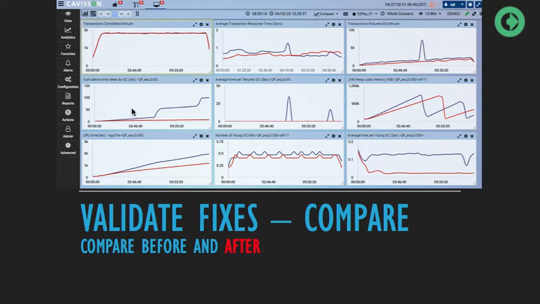And then cumulative time taken by GC has also been significantly reduced. The processing time or the CPU time taken has also been reduced. So all of this validated that the fixes applied in the form of new garbage collection settings are primarily the right settings for the user.